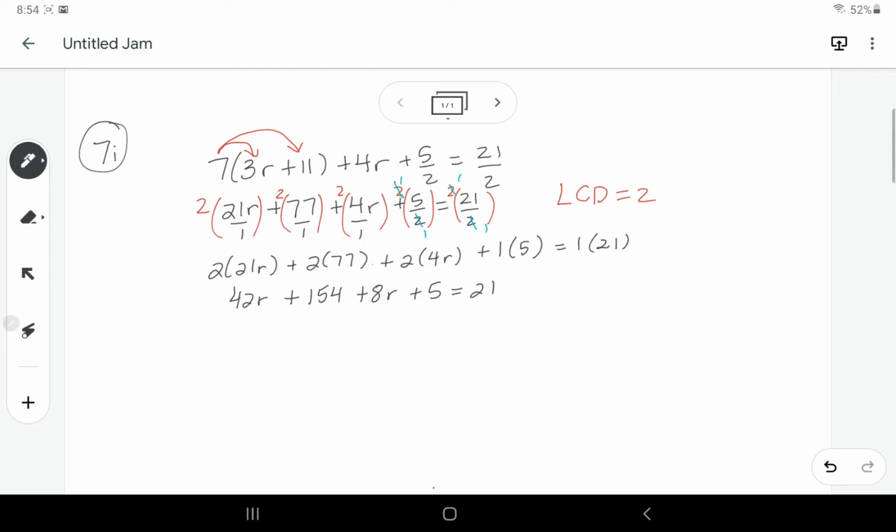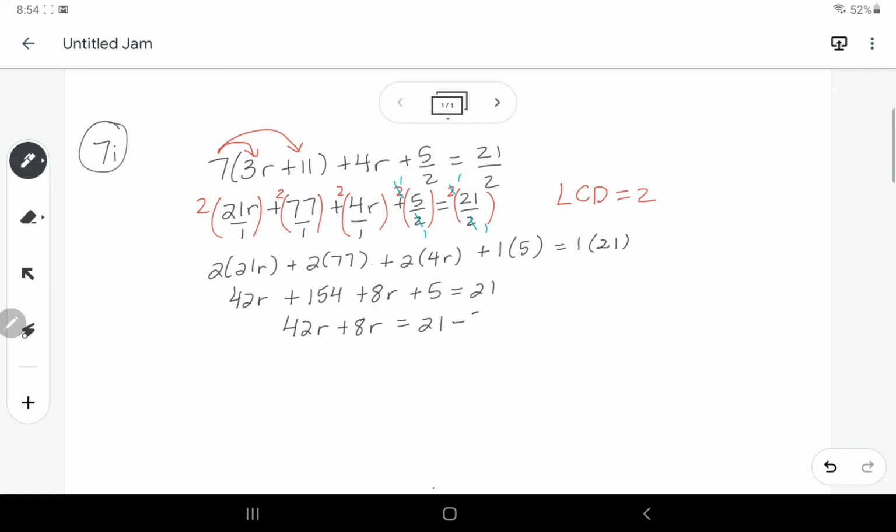And now I want to make sure that I have all my variables on the left and numbers on the right. So my variables stay on the left, 42r plus 8r. And then numbers are going to go over to the right. So I have 21 that was there.